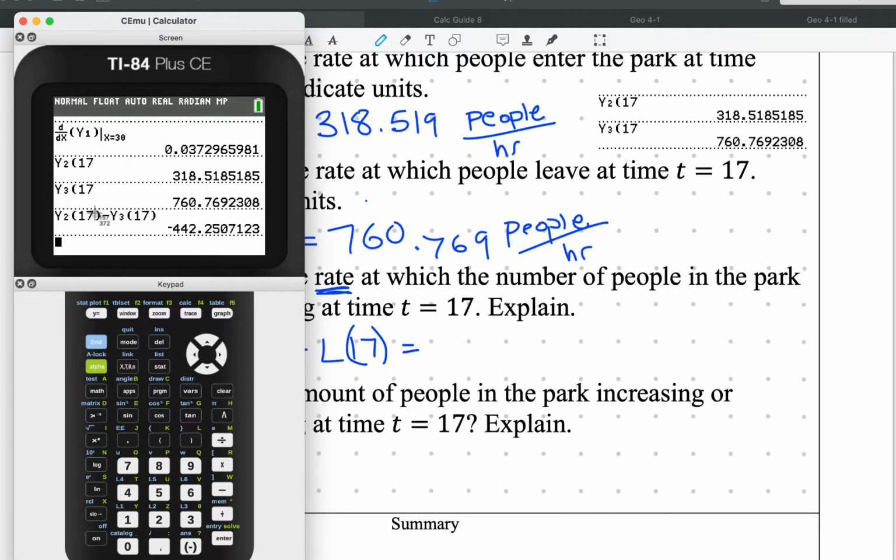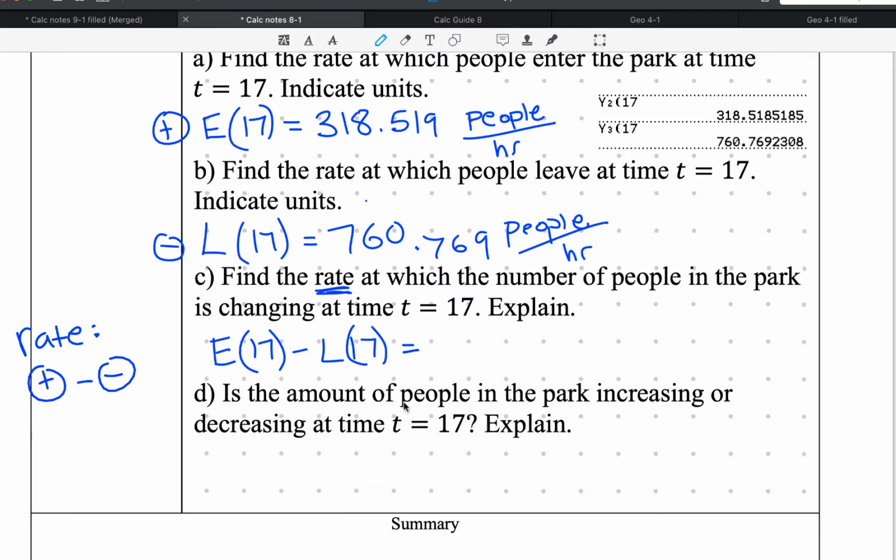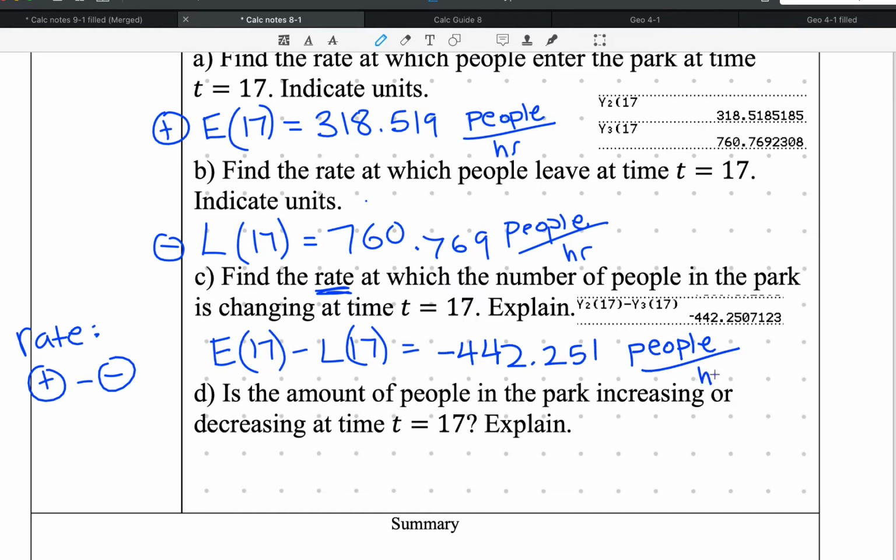Again, I should probably screenshot for the notes. And we get negative 442.251. My handwriting is atrocious. Again, we should probably indicate units per, or people per hour, because this is still a rate. I know it didn't ask for it. Just always do it, you'll never make a mistake.